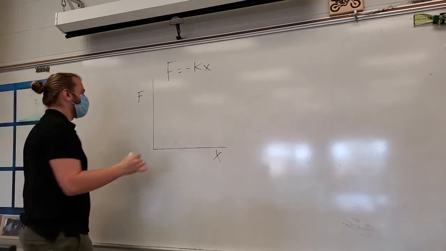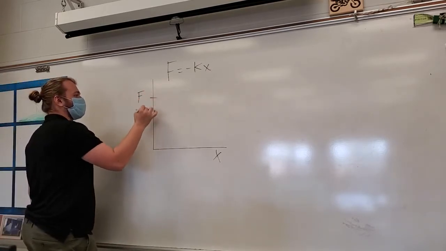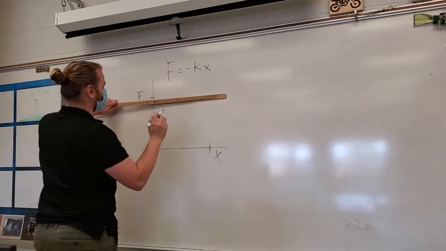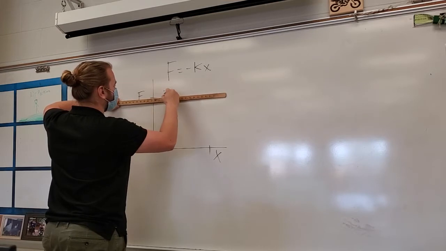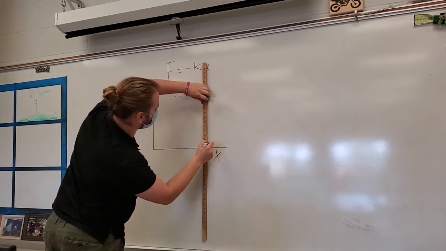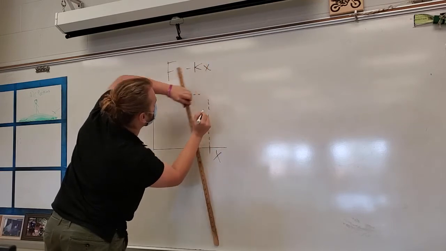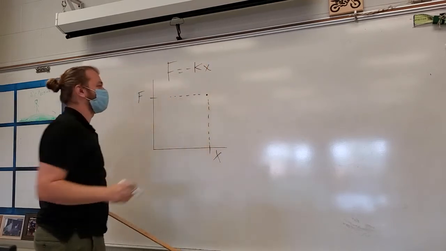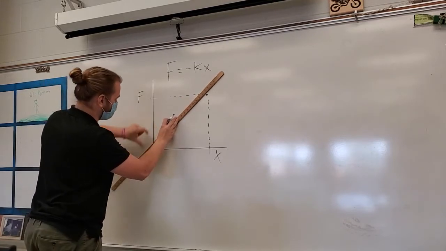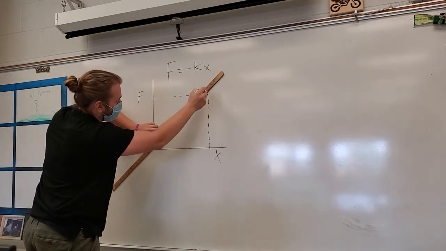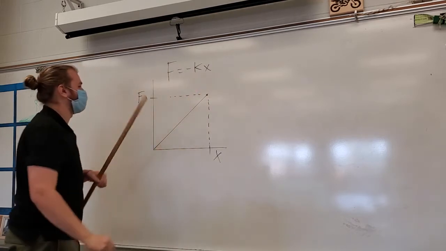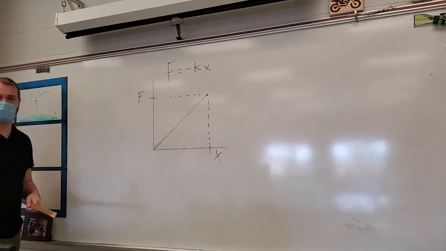Now, if we apply some force right there and it goes to some certain distance, it will line up right there, and we get this line. That's our line. What does this line represent?